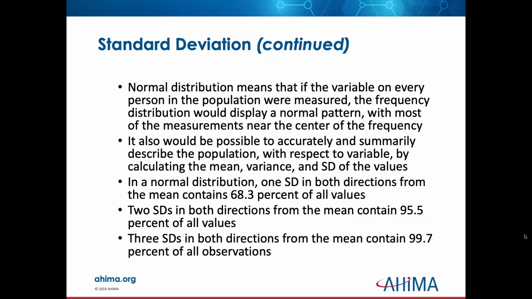That's why they want to calculate it, because in a normal distribution, you're going to get a significant amount of the values, and it'll be meaningful to then make decisions on that data. Two standard deviations in both directions from the mean contains 95.5% of all values, and three standard deviations in both directions from the mean contain 99.7% of all observations. So keep those things in mind.